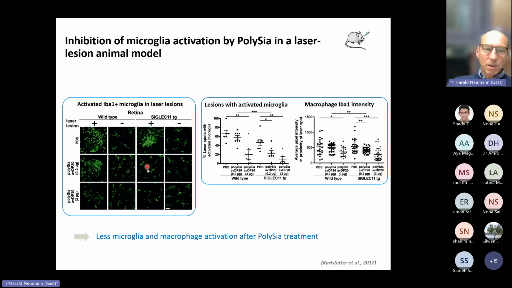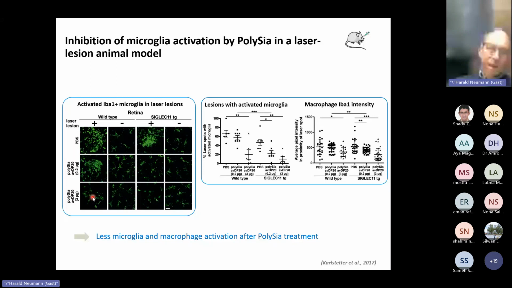The low concentration was able to act in the humanized CYCLAC11 transgenic mice. So there, even at 200 nanogram, which we injected into the eye, we were completely shutting off this microglial activation in the retina. In the higher concentration, we also achieved this effect in the wild-type mice.